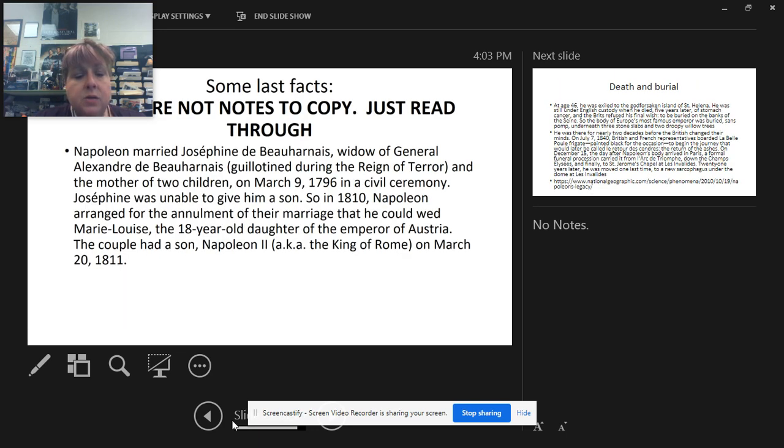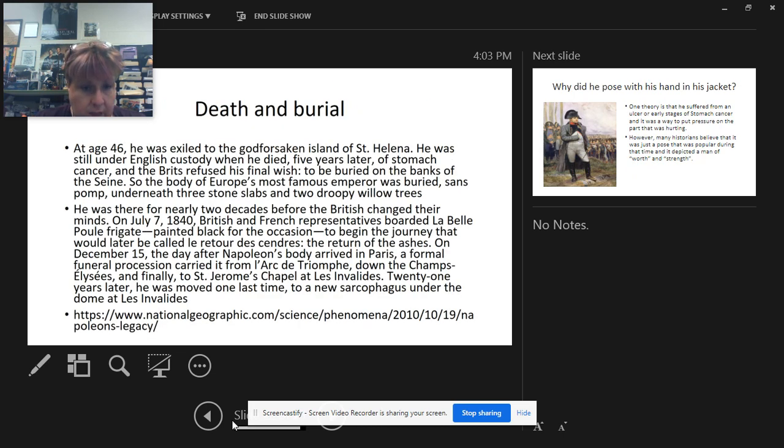He was married twice. He was married to Josephine. They did not have any children. He then married a young woman who was a daughter of the Emperor of Austria. They had one son. He died of stomach cancer.